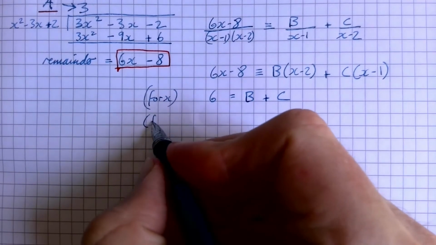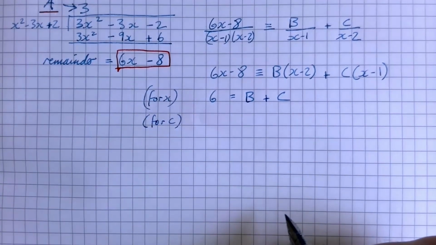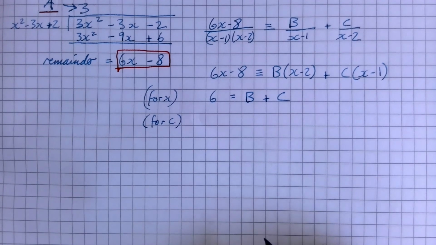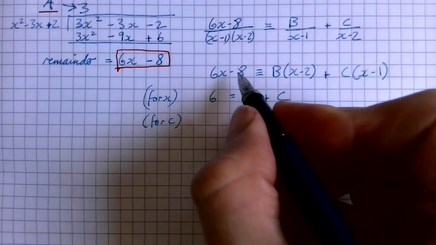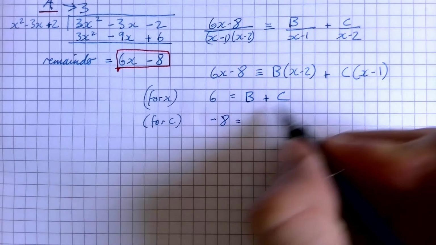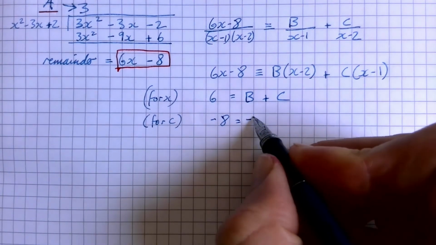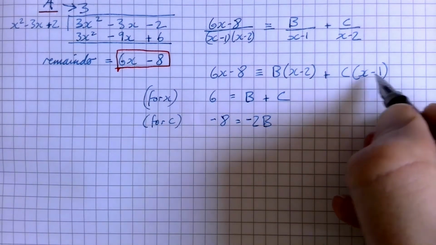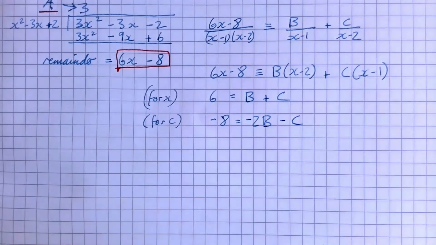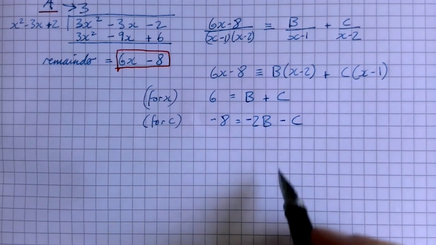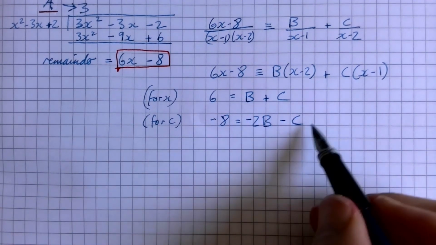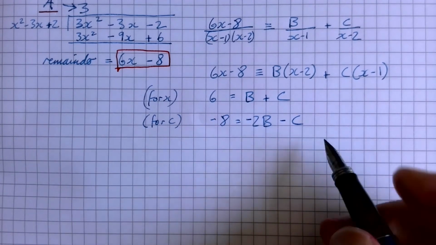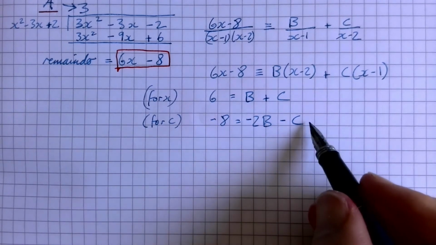And then for the constants, you're going to get negative 8. And negative 2 times b is minus 2b. And negative 1 times c is just minus c. Now what we could do to make this a little bit easier is to times everything by minus 1, isn't it?